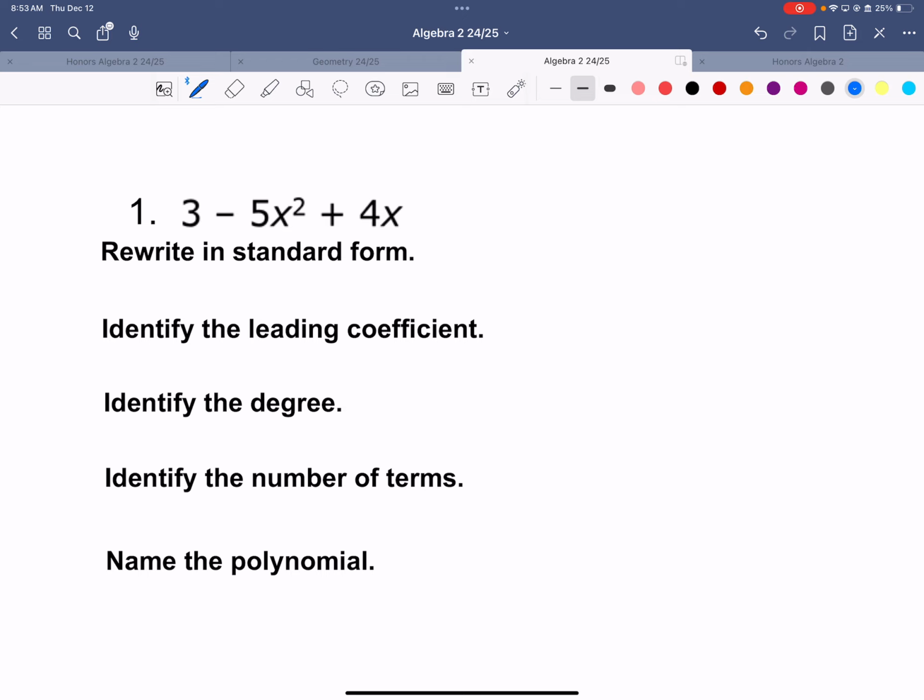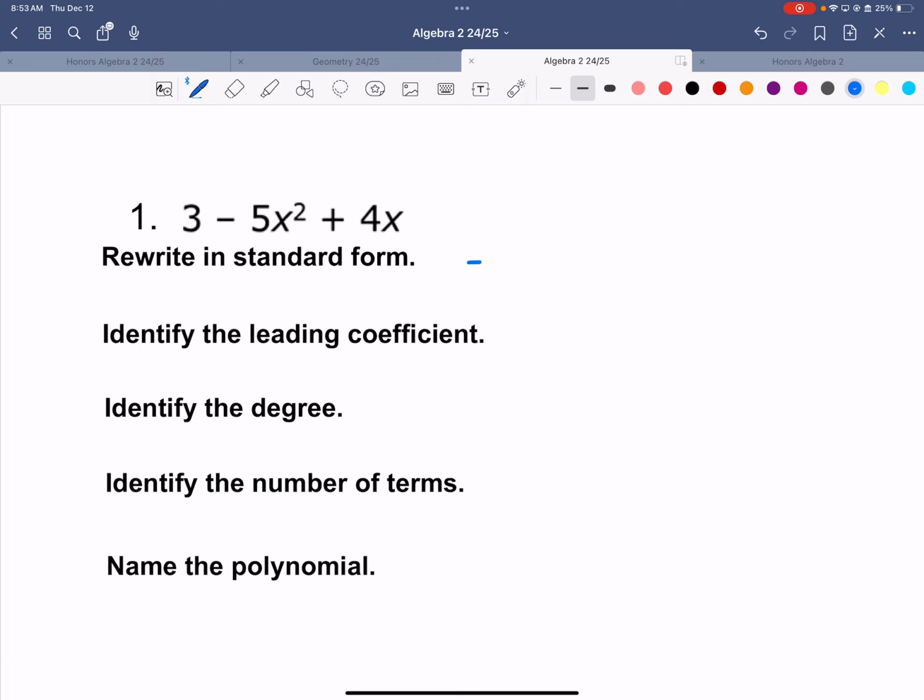All right. So x squared is our biggest. So negative 5x squared plus 4x plus 3. Everybody good with standard form? Leading coefficient, that's the number out in front. So our leading coefficient is negative 5. It's going to come into play here in just a second. Identify the degree. When it's in standard form, it's a second degree.